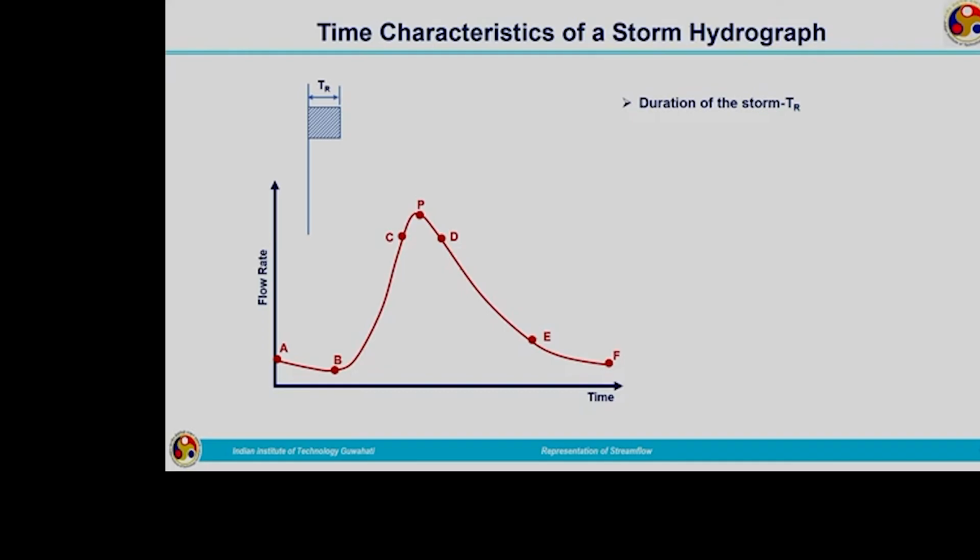Here BC is the rising curve and CPD is the crest. The crest represents the part of the flow during which the majority of the catchment starts contributing to the runoff, and it consists of the peak also. The peak of the hydrograph is also present in this particular area.